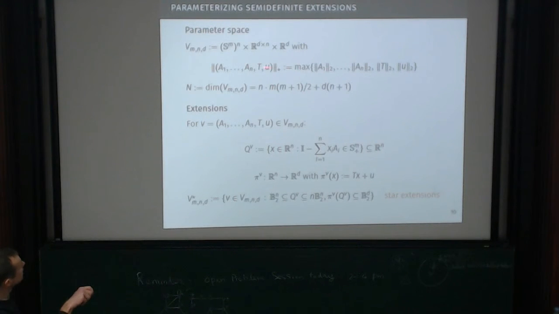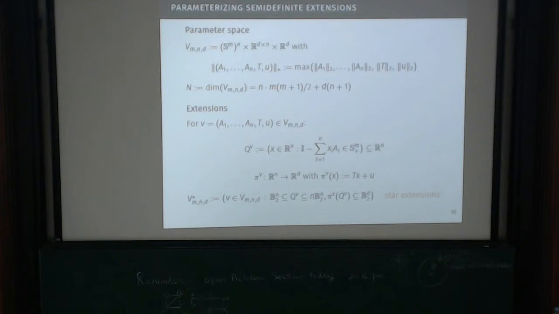Here's the norm. The norm in this parameter space is just the maximum of these norms. These are the operator norms with respect to the L2 metric of the A1 up to AN. The same with the projection matrix T, and this is just the Euclidean norm of this vector U. So we take the maximum of all these norms. This is the star norm.